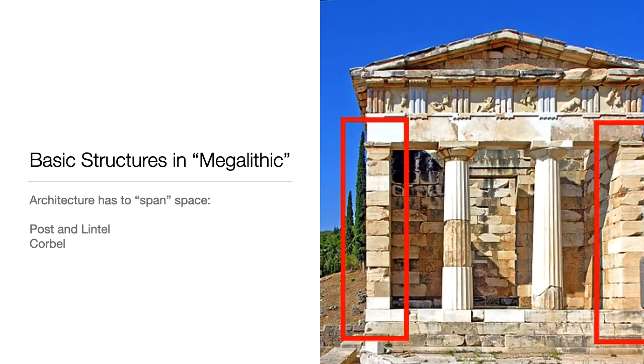Corbelling is a type of stacking stones where as they go up on the wall, you move them slightly closer together, so you get an almost upside down V shape, which creates the roof.